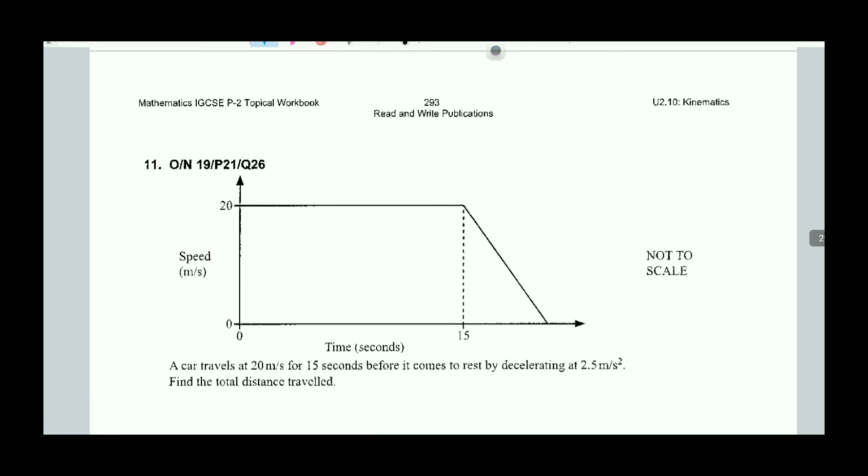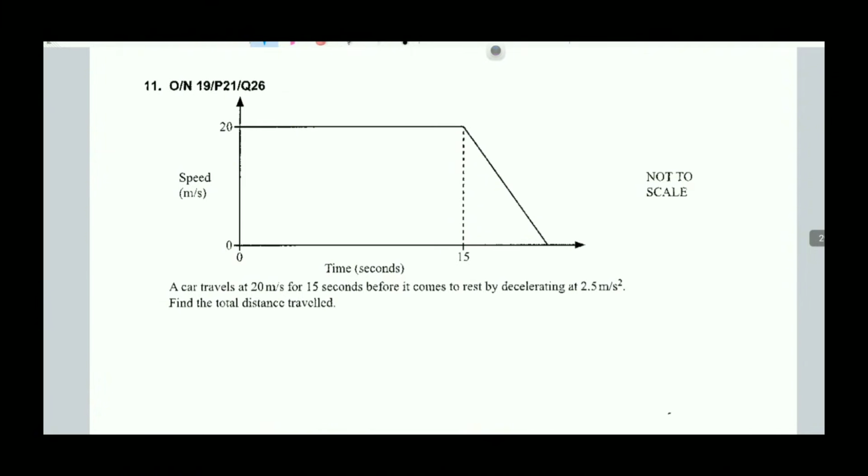Next question. A car travels at 20 meter per second for 15 seconds before it comes to rest by decelerating at 2.5. Find the total distance traveled. Okay, total distance traveled, we need this time.